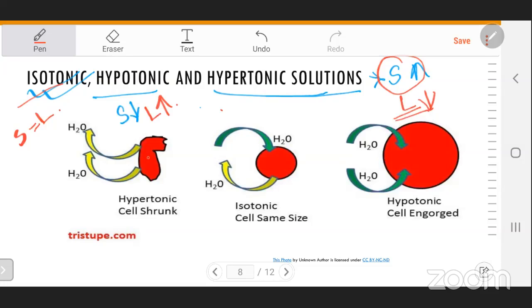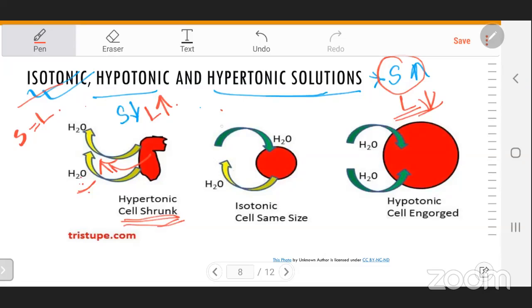So the water will move outside the cell to equalize the water concentration, since a lower concentration of water is present outside the cell. As the solution is hypertonic, it has more solid in it but less solvent, that is water. So the higher amount of water present inside the cell will move outwards, and the cell will shrink.